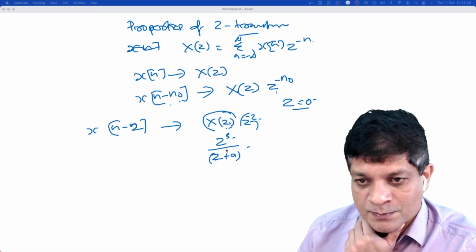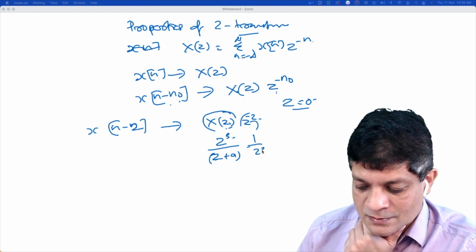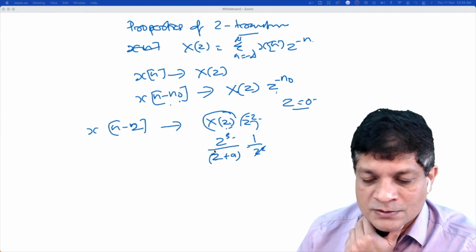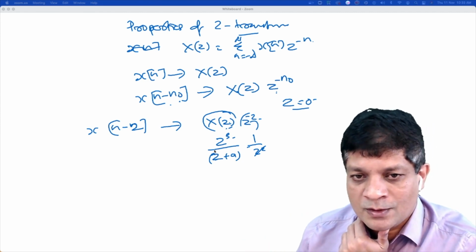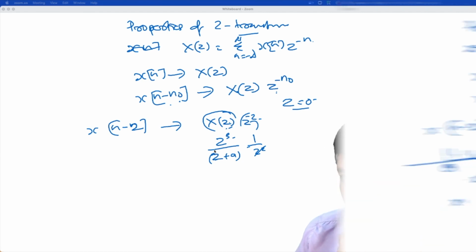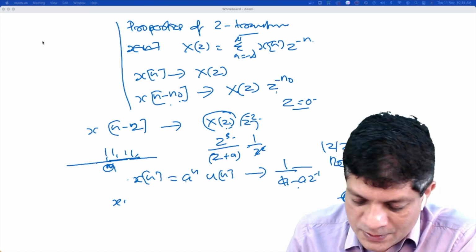Will it introduce any pole? There will be no pole. So we cannot say that it will introduce a pole, but there is a possibility that it will introduce a pole.